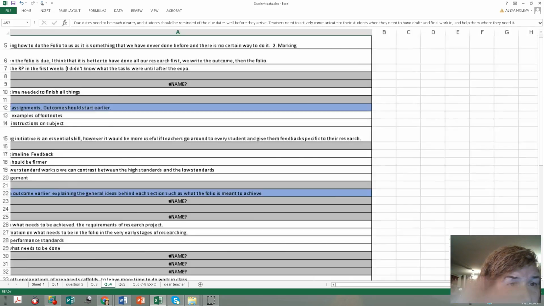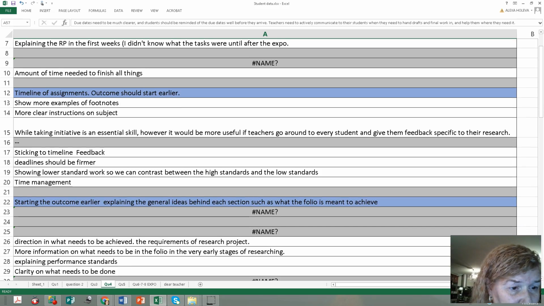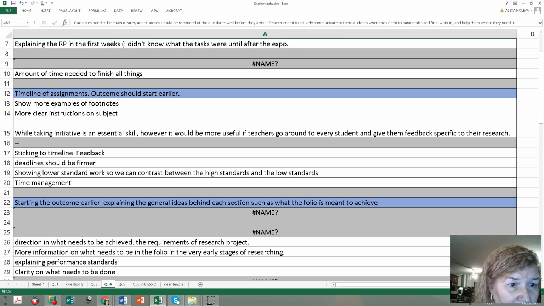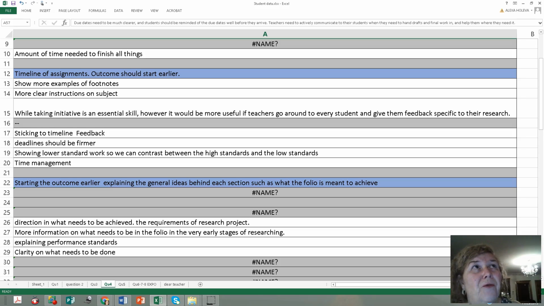For example, when somebody tells me we need to be strict on timelines of assignments and our outcomes should be started earlier, I'm taking that very seriously. You see, this theme comes around: sticking to the timeline, deadlines should be firm. This is very evident from the students. They want us to enforce deadlines, not to give them extra time.